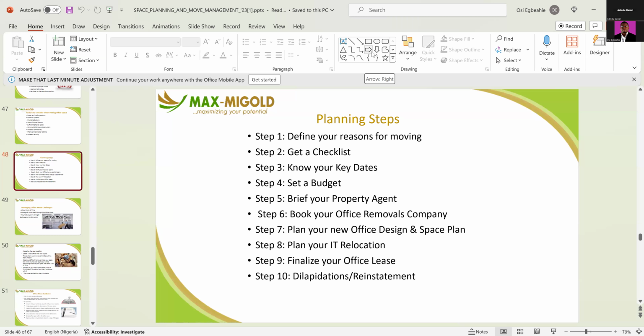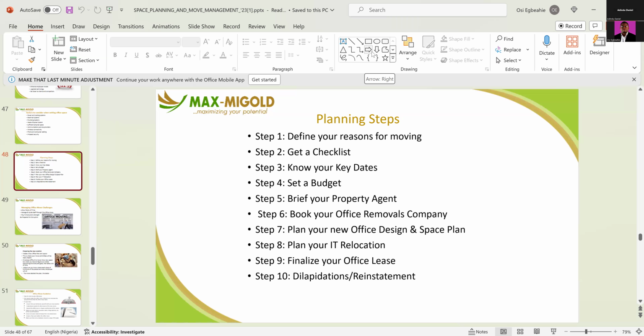Plan your new office design and space plan. Plan for IT relocation, that is your server room. For offices that have very robust server rooms, you must plan that separately. And finalize your office lease and do what we call the dilapidation or reinstatement.